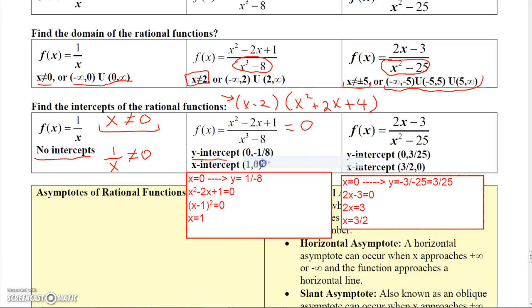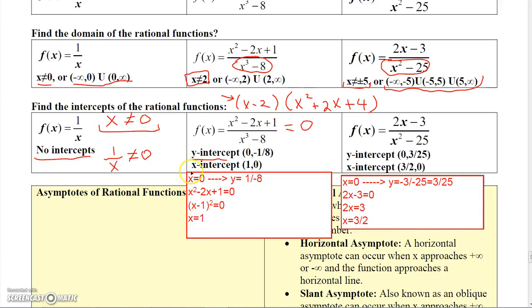Now to get the x-intercepts, you would simply set this equal to 0. Well, the only way that a fraction can be 0 is if the numerator is 0 and the denominator is not 0. So what makes the numerator 0 would be right here, if x squared minus 2x plus 1 equals 0. Well, that factors into x minus 1 quantity squared, and the only way that can be 0 is if x equals 1.